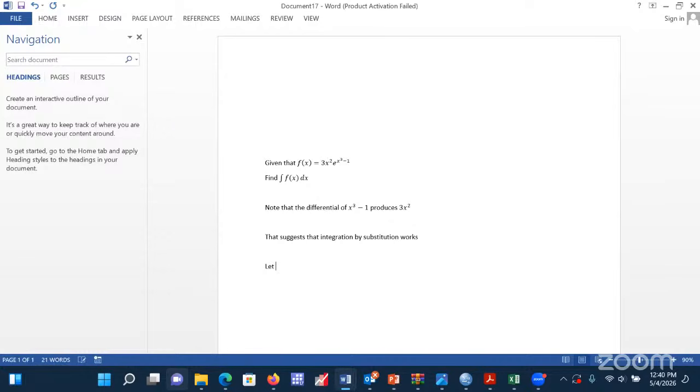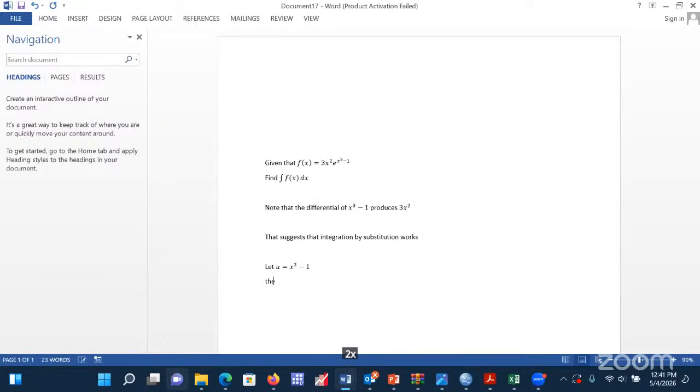What we do is that we introduce a variable, call it u. Let u be equal to x cubed minus 1. Then we will differentiate u with respect to x.